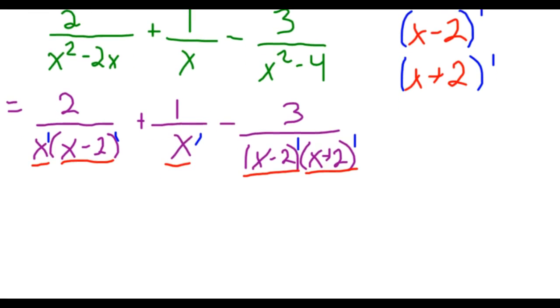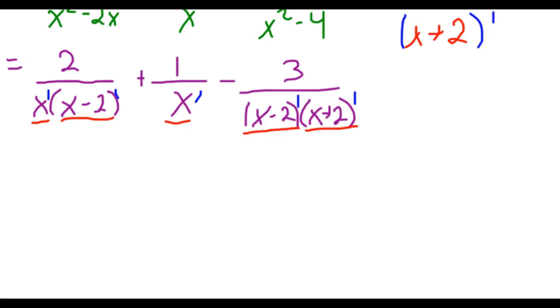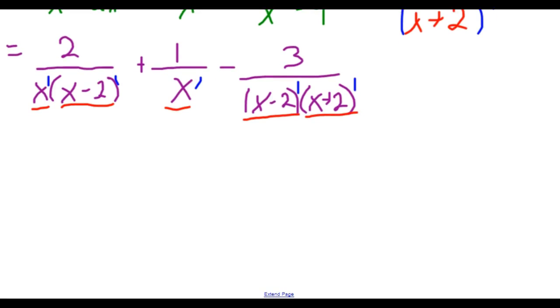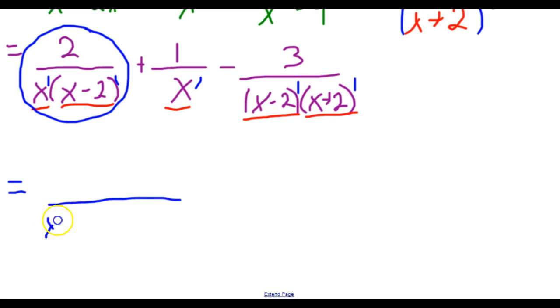So what we're going to do is try to get it so that all of these terms have a denominator of x times x minus 2 times x plus 2. So in this first one, if we just focus on this first part, if we want to get our denominator to be x times x minus 2 times x plus 2, we need to multiply this fraction by x plus 2 over x plus 2.